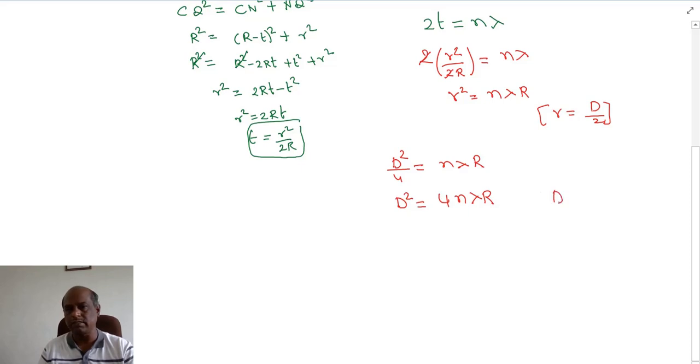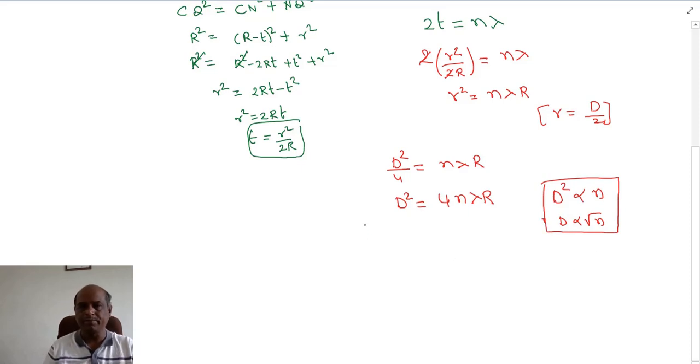So what we can write is diameter square is proportional to n, or D is proportional to square root of n. So that is the relation between the number of fringes and diameter.